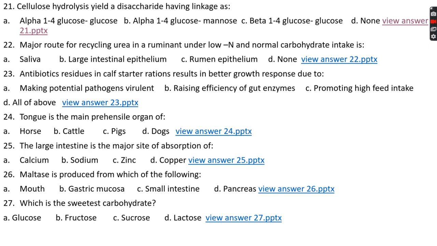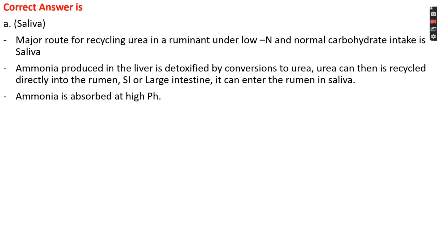Question number 22. Major route for recycling urea in a ruminant under low nitrogen and normal carbohydrate intake is option A saliva, option B large intestinal epithelium, option C rumen epithelium, option D none. The right answer is option A, which is saliva.